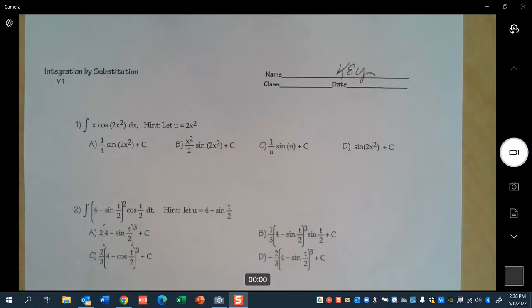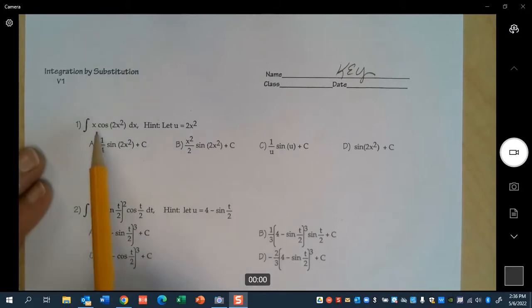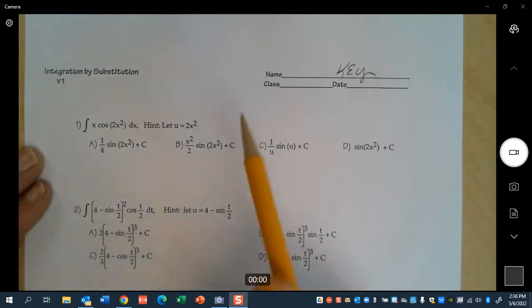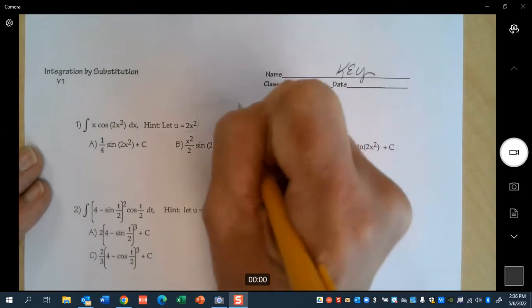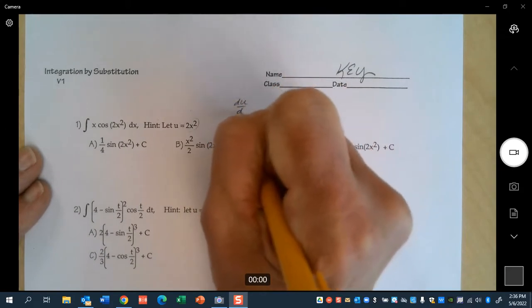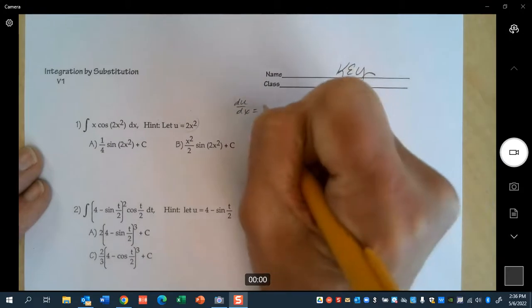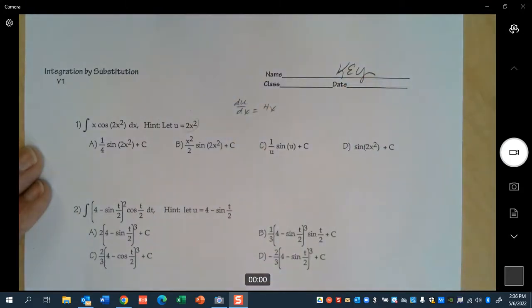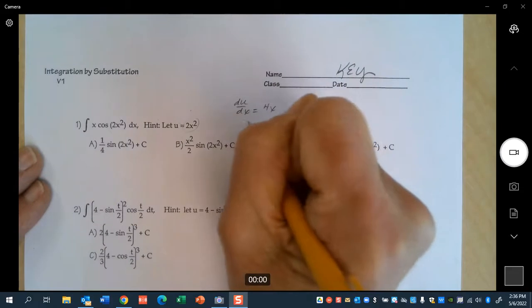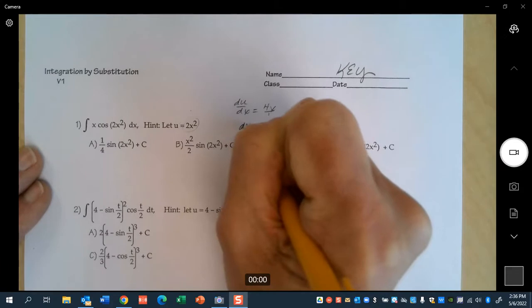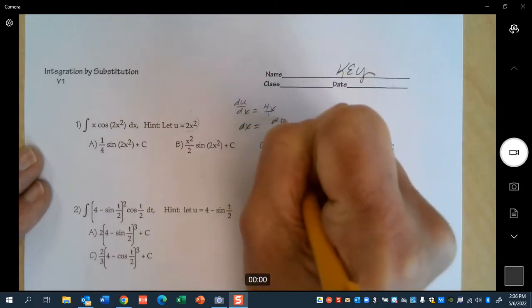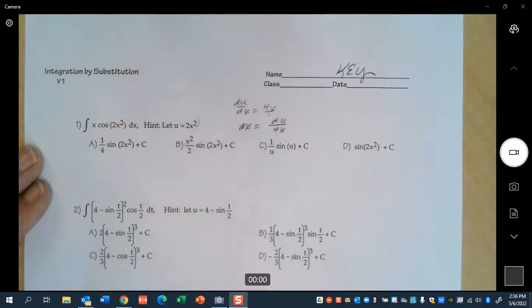All right, so this is so fun. We'll do the first one together. So I want to integrate this, x times cosine of 2x squared dx, and it says let u equal to that. So that means that du in terms of x is going to equal 4x, right? And then when I solve for dx, I end up with dx equal to du divided by 4x, right?